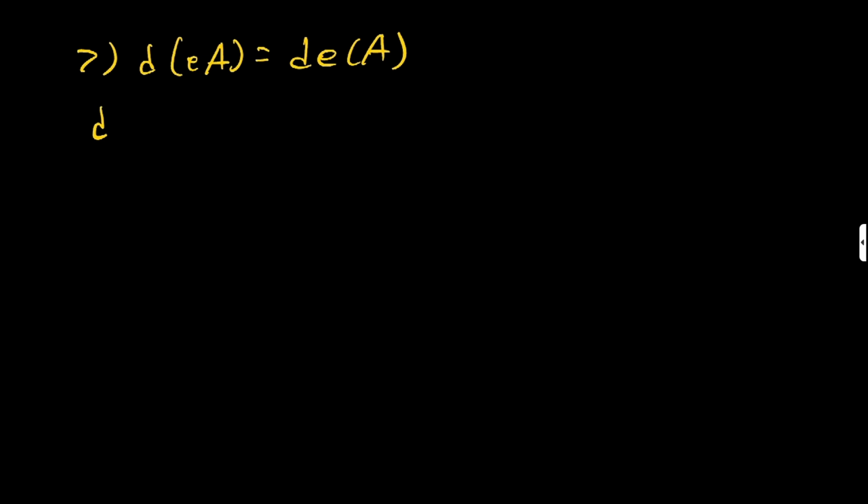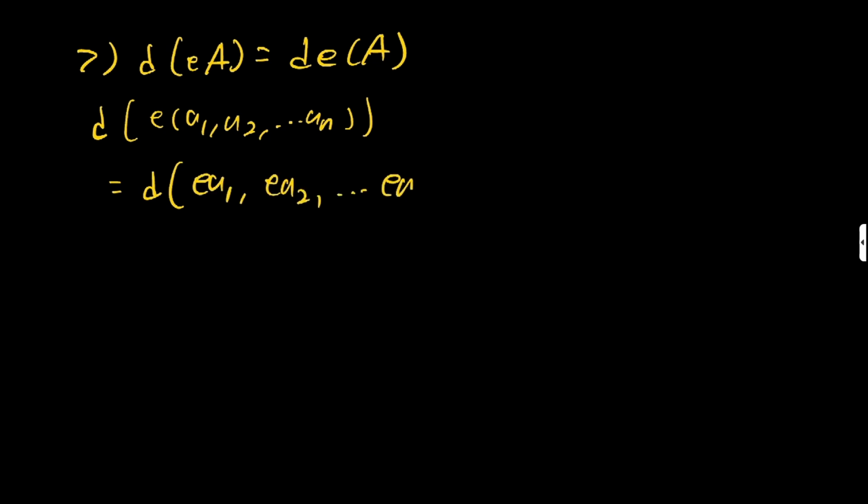It's just going to be d times e times (A1, A2, ..., A sub n), and we need to show that this is equal to d times (EA1, EA2, ..., EAN) for obvious reasons. Once again, I should always state that these are all just in the real numbers, so they're distributive, and that's why that works.